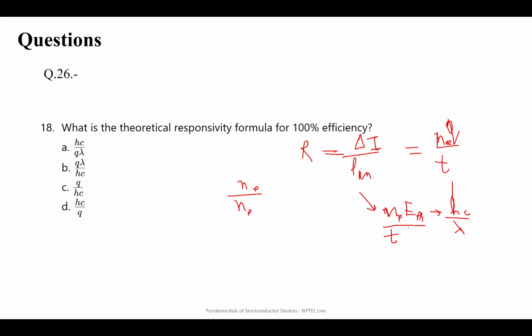So Ne q, my t will cancel with this t, so it will be Ne, the lambda will go up, and I will have hc below.